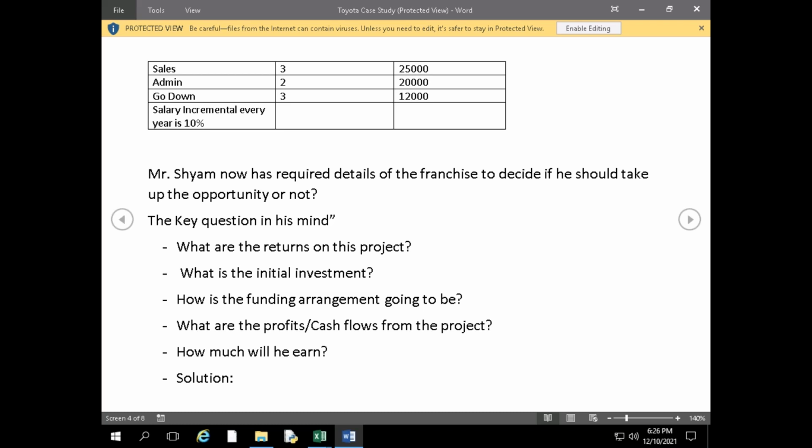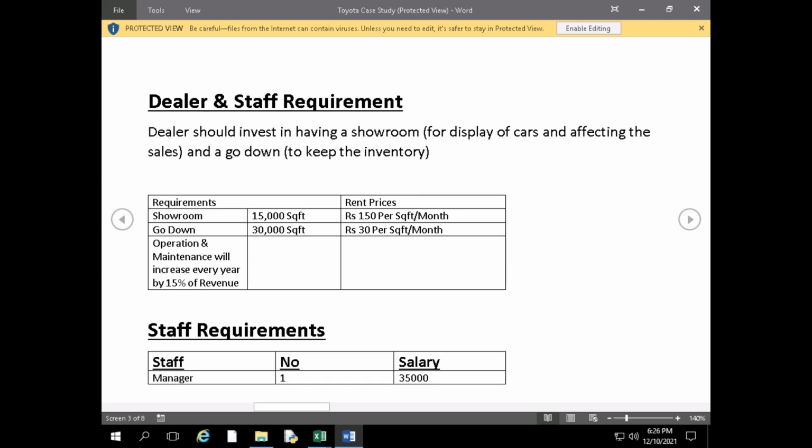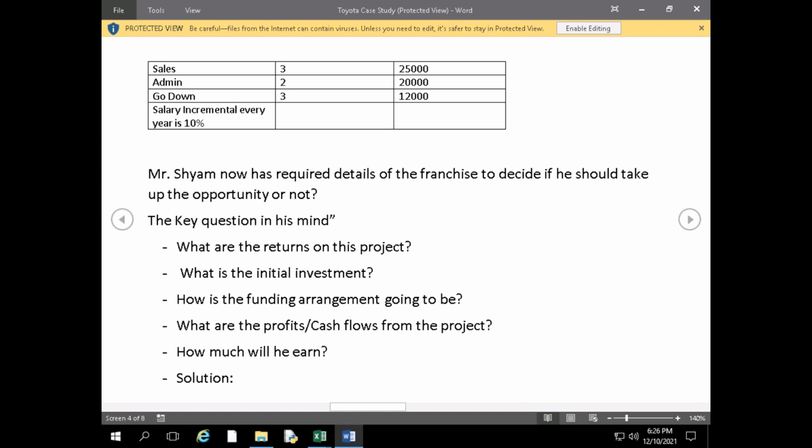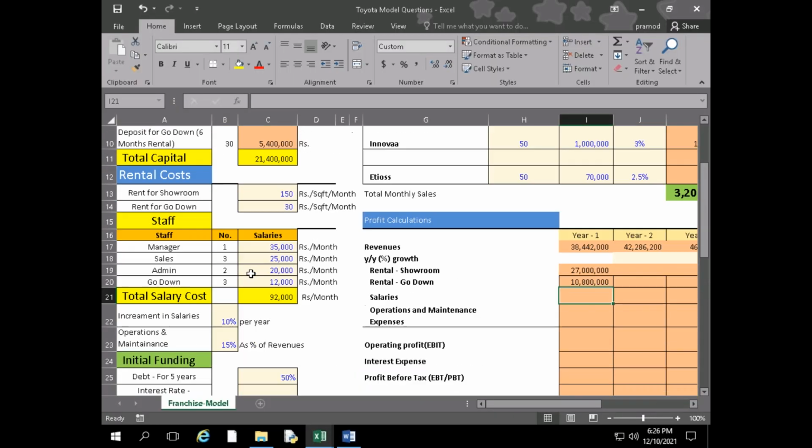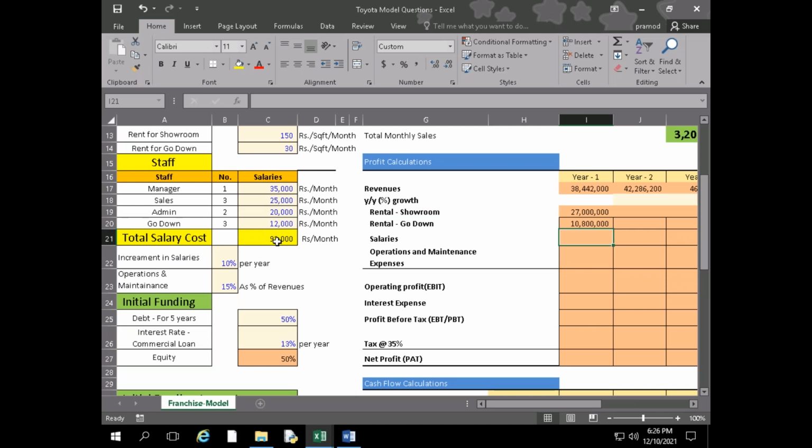Total salary is already given, right? We have 92,000. Yes, that is per month, so into 12, and we drag it for all the months, no, sir?